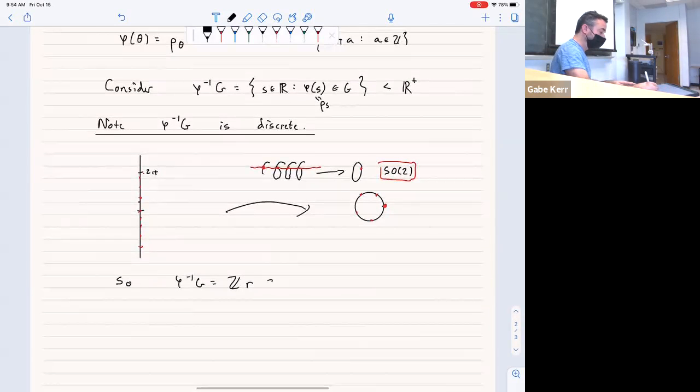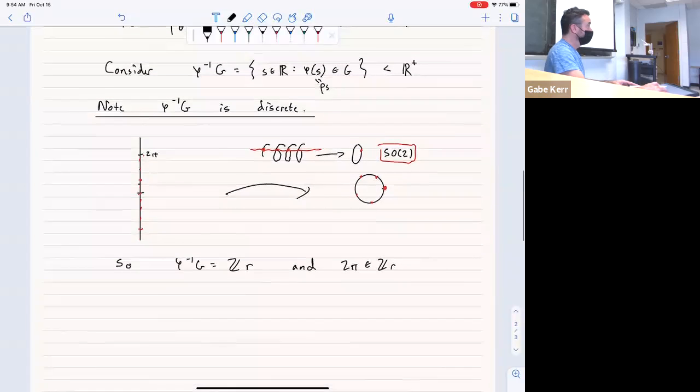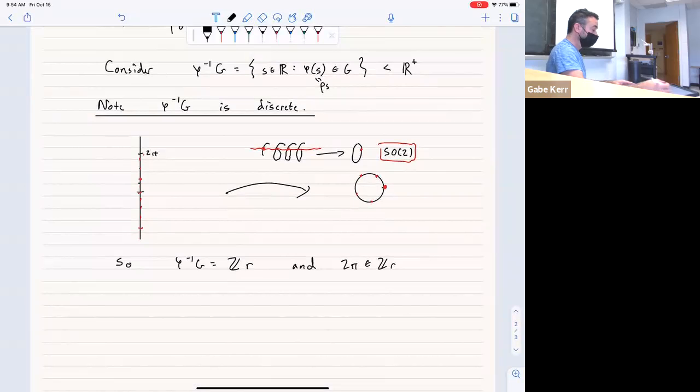So in particular, this also has the element 2 pi. But that means that 2 pi is an integral multiple of r, some integer times r. r is positive.